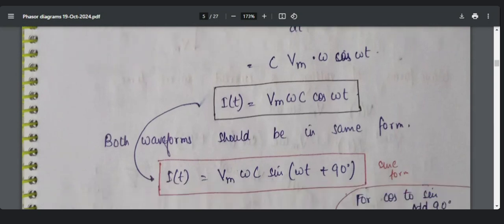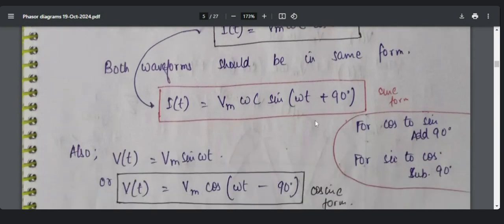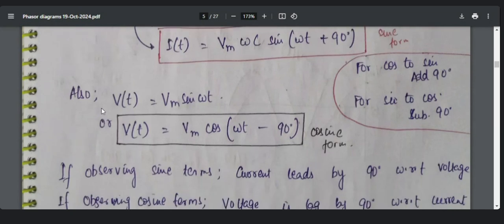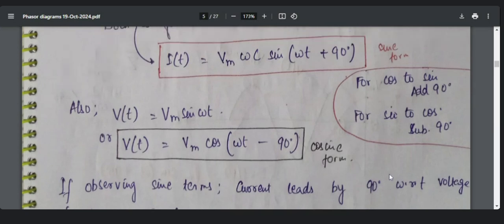For drawing the phasors, both should be in the same form. That is, i(t) can be represented the other way round, Vm omega C sine of omega t plus 90 degree, and v(t) is Vm sin omega t, or v(t) is equal to Vm cos of omega t minus 90 degree. So if we are observing sine terms, we could clearly see that current is leading by 90 degree with respect to voltage.